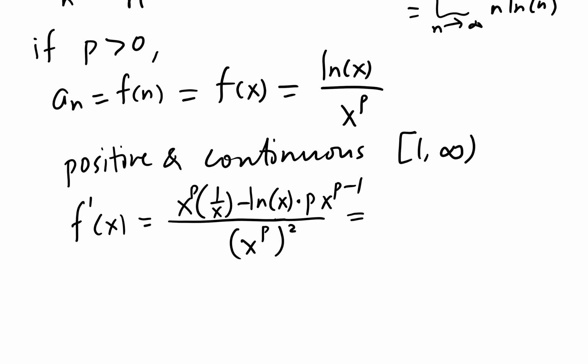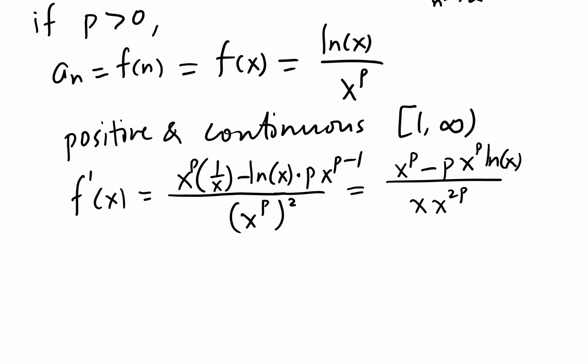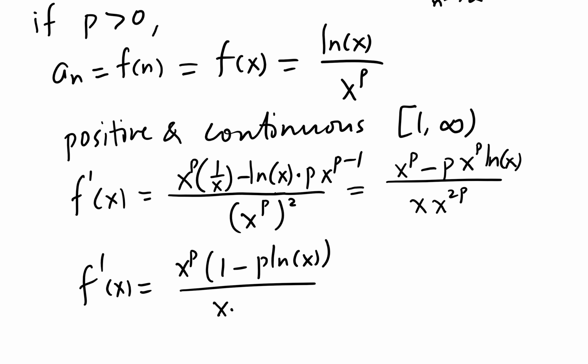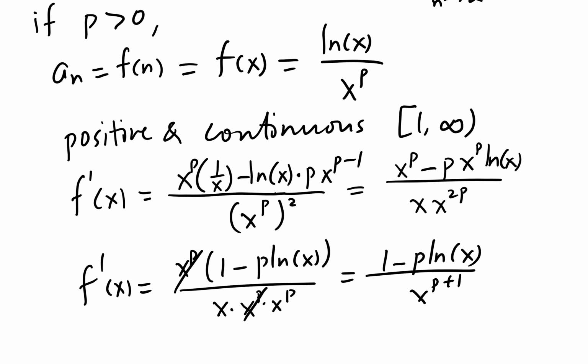We multiply top and bottom by x to the p, which gives x to the p minus p x to the p times ln of x over x, over x to the 2p. You can factor x to the p on the top, and I'll leave 1 minus p ln of x divided by x. So x to the p times x to the p, these cancel out. So you get 1 minus p ln of x over x to the p plus 1.